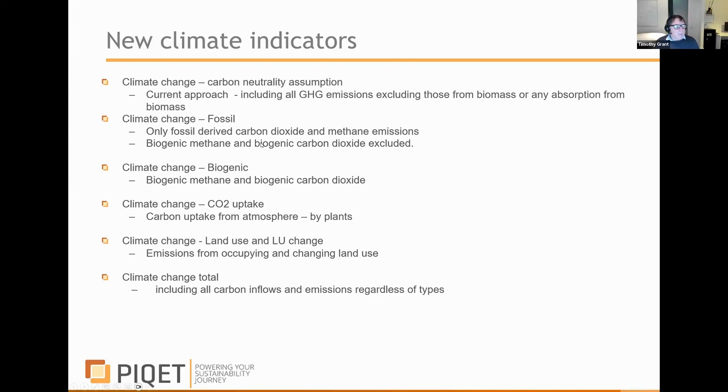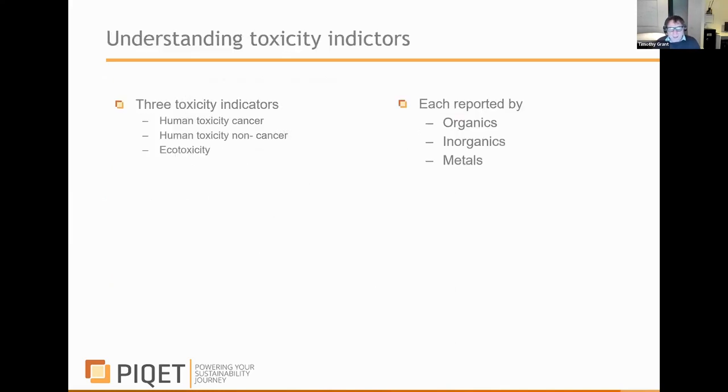Okay, the other breakdown which is available within the new data sets is a breakdown of the toxicity indicators. Now, I don't usually suggest going too deep into the toxicity indicators within a tool like PIQET, because they are highly uncertain and they are often derived from processes very deep in the supply chain.